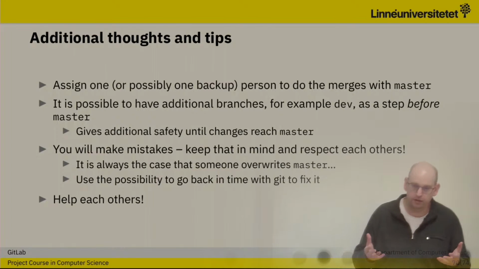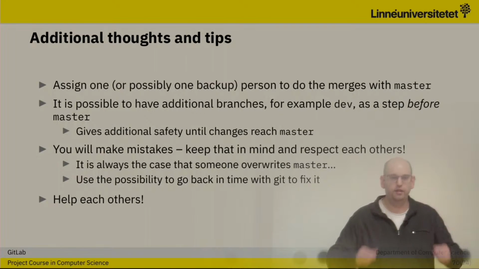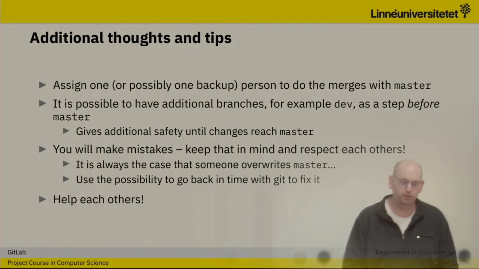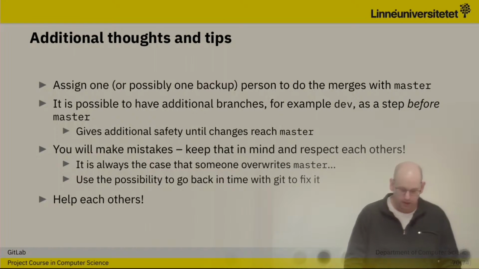Then you have one person who is responsible for merging develop with the master branch from time to time, and see to it that you've merged with master in time for the weekly meetings, so that everything is up to date on master. There are plenty of things that could go wrong, so please help each other and see to it that no one is left outside.